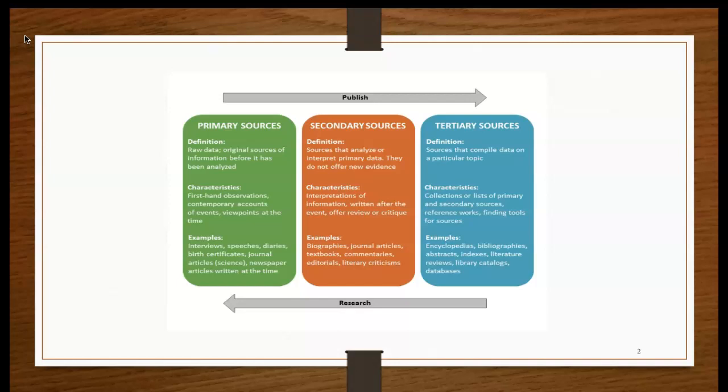Tertiary sources are even further removed from the event that we're talking about in history. They are accounts that usually summarize existing secondary sources. Things like textbooks, encyclopedias, dictionaries, websites like history.com or ushistory.org.